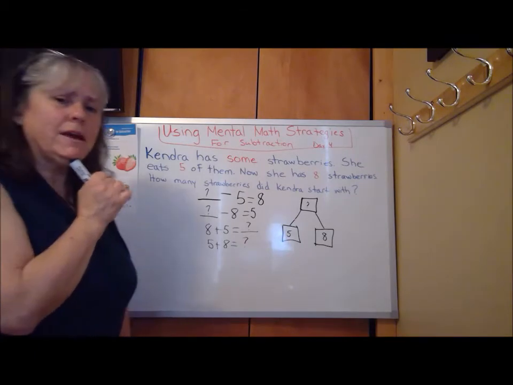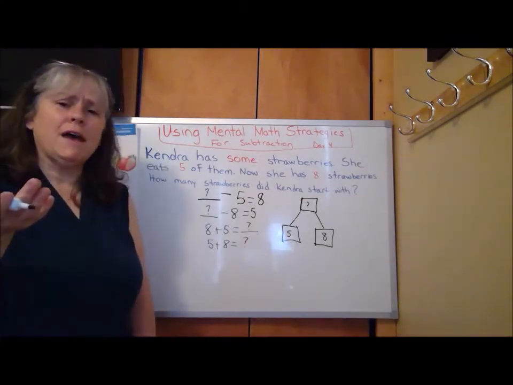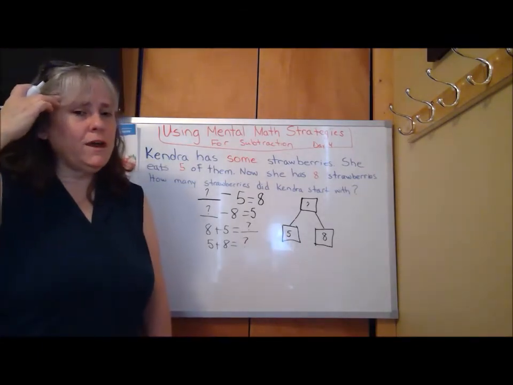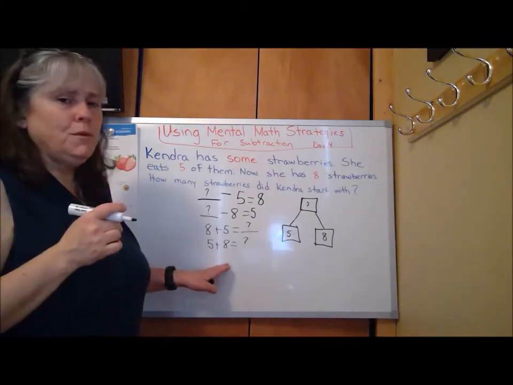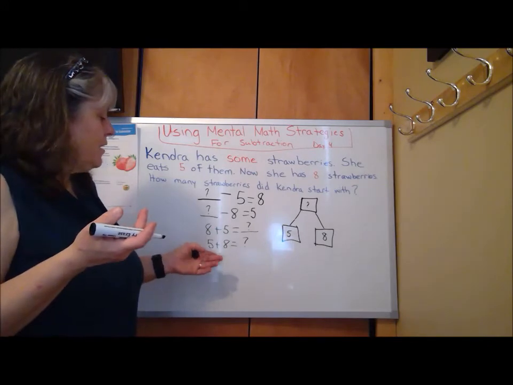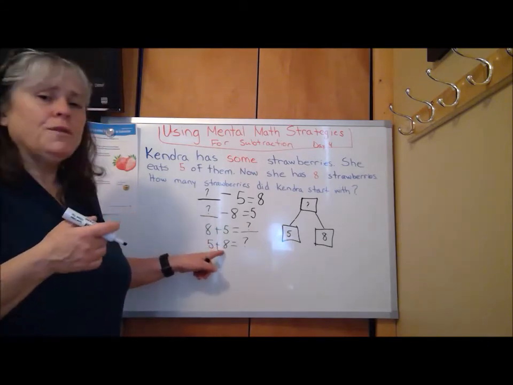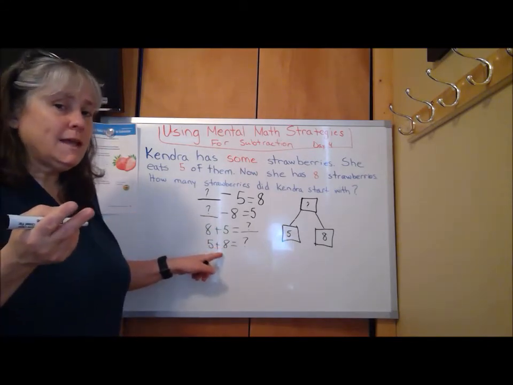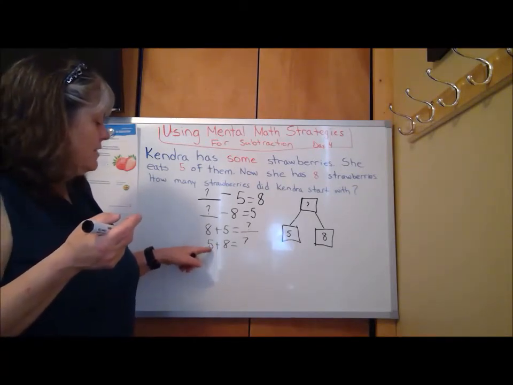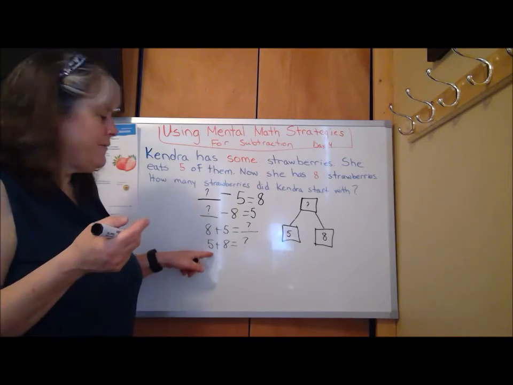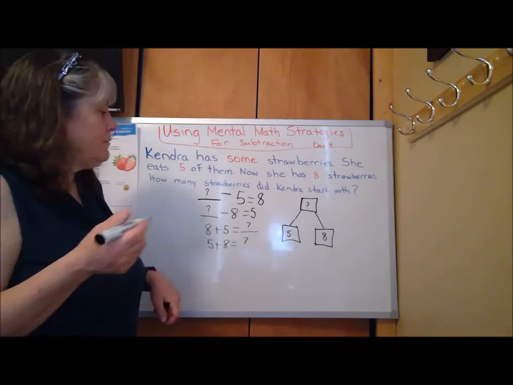Does that help? Like if I said to you, hey, how much is 8 plus 5? Can you remember that one in your head? We've been getting pretty good at our fact families. So I think you probably would know. If you didn't know, you do know that 8 is only 2 away from 10. So if I said 8 plus 2 is 10, and then I'd have 3 more left over in my 5. So that would be 13, right?